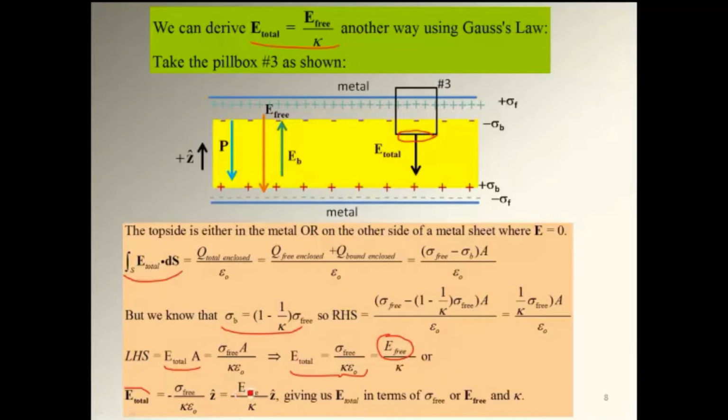Simplifying by adding the equation for E free in terms of sigma, we end up with E free divided by kappa. And so we've given an equation that we derived earlier in terms of sigma free or E free and kappa. Here's E total in terms of sigma free, and here it is in terms of E free. In both cases you have a kappa down below.